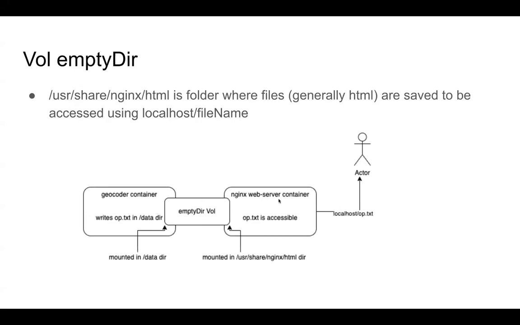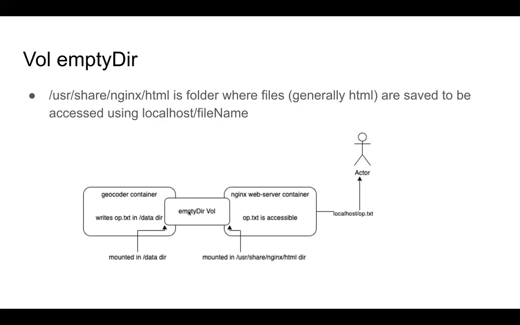So you have these two containers. Assume this is the same pod. In this pod, there are two containers. One container is the geocoder container created out of the geocoder application. It writes opt.txt in the data directory, which is mounted. This is the same volume, mounted into this directory.